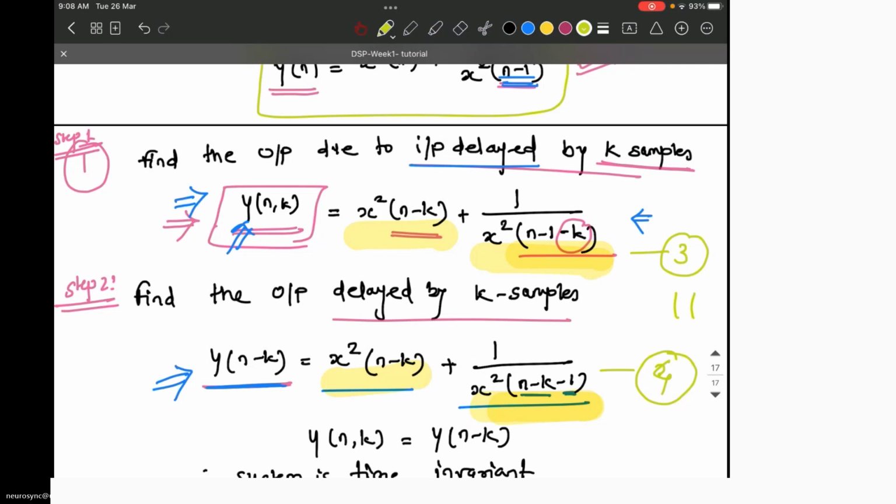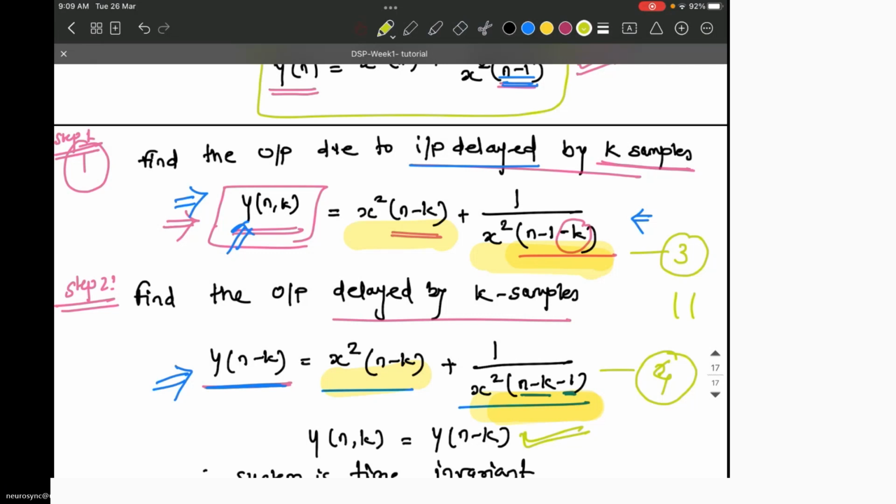This is equal. Therefore, the system is time invariant. Okay. If y(n, k) is equal to y(n minus k), then the system is time invariant. Okay. Is it clear with the time invariant thing? Yeah, doctor. Okay. So these two steps you need to follow here to find the time invariance.